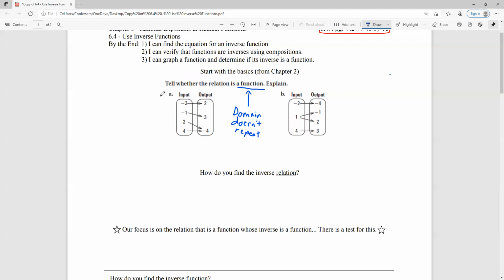If I plug in 2 and I get an answer, and then I plug in 2 again and I get a different answer, then that's kind of messed up. That means that my machine of a function isn't actually working. So it's not a function.